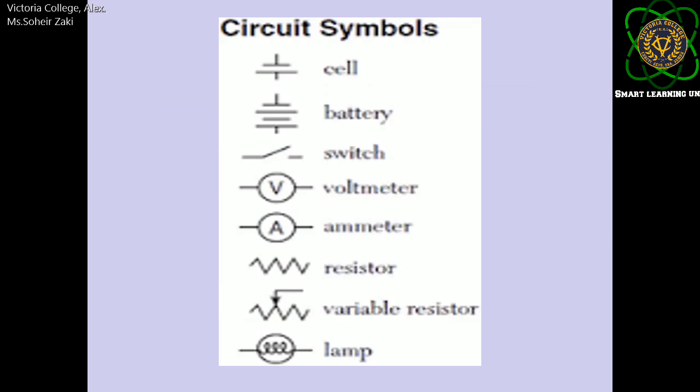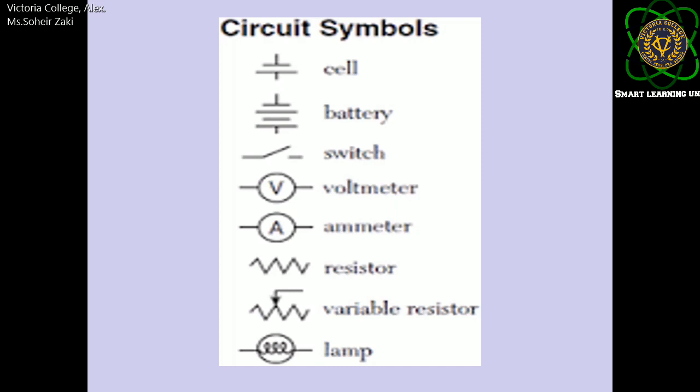Here is a figure of the circuit symbols, and we need to learn these symbols as we will need them to draw any electric circuit. The first symbol is the cell. The long dash is the positive pole, and the short dash is the negative pole of the cell.